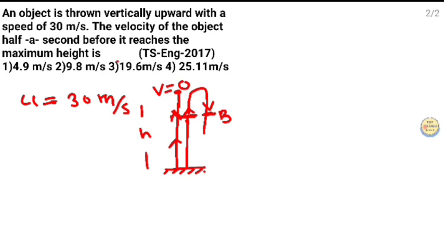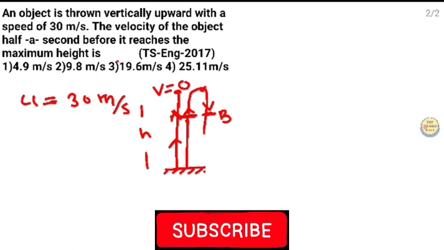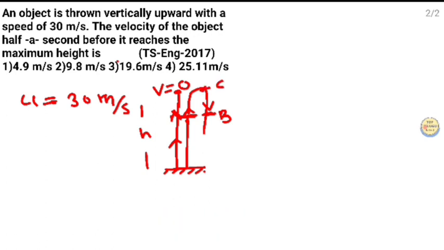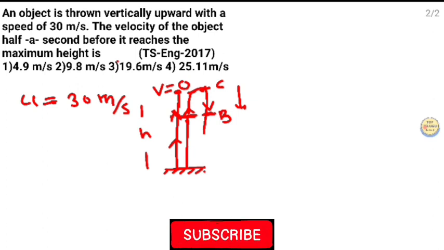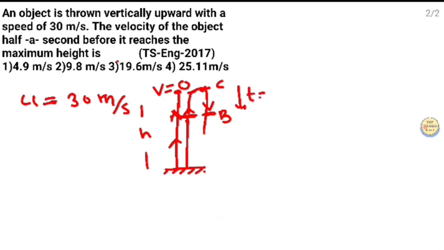So we can easily calculate in case of a freely falling body. So at the C point, we know the time from here to here is half of the second, and here to here also half of the second, because t is equal to half and it moves freely, therefore initial velocity u is equal to 0.